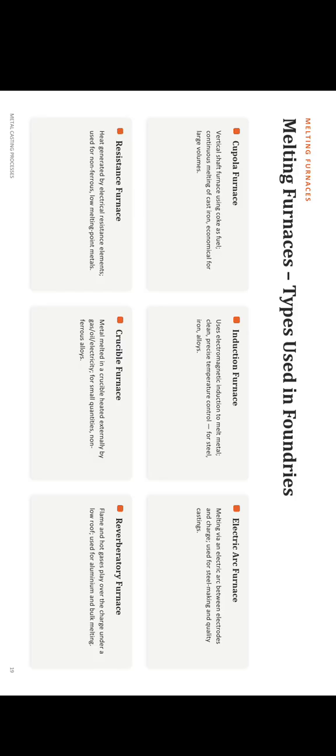Cupola furnace: vertical shaft furnace using coke as fuel, continuous melting of cast iron, economical for large volumes.